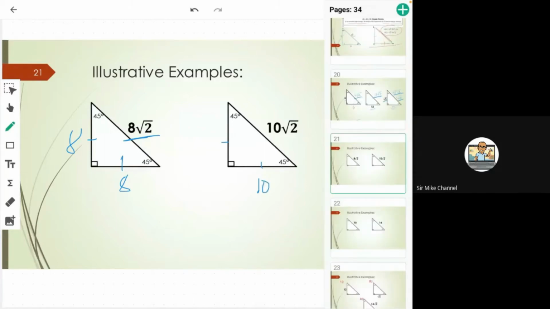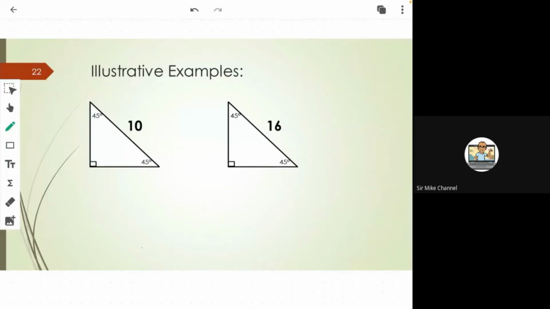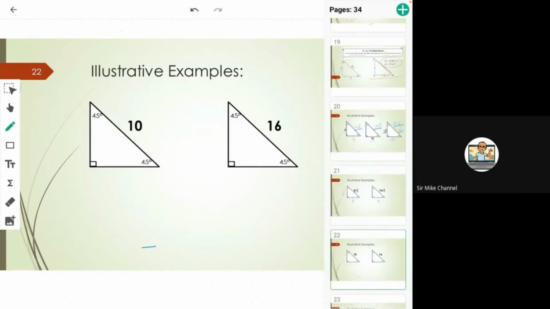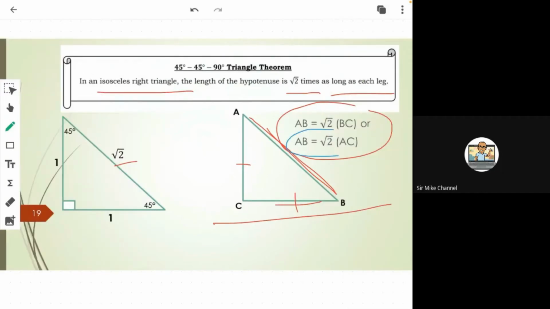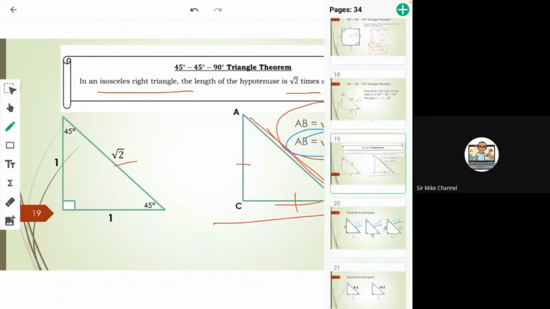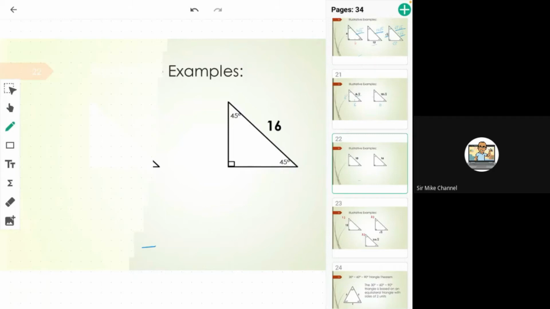Another example, so if the given is the hypotenuse naman, full number. So from this example natin kanina, yung hypotenuse, yung square root ng leg. Okay.